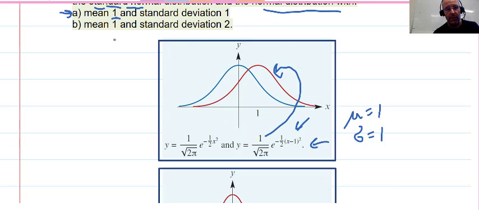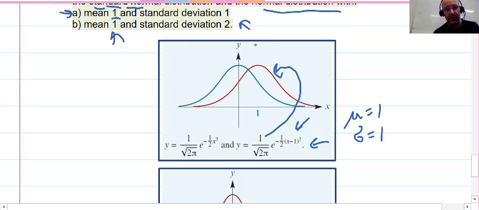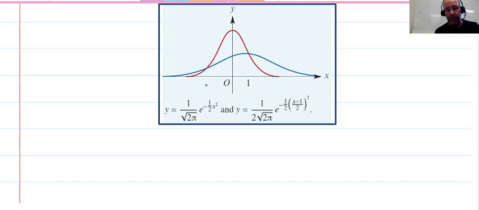The second one, we have a mean of 1 again in the second graph, and we have a different standard deviation of 2 this time. So the data is considerably more spread out. Again, the area is the same, even though you can't see it just by visualizing it. You'd be able to use technology to verify it.